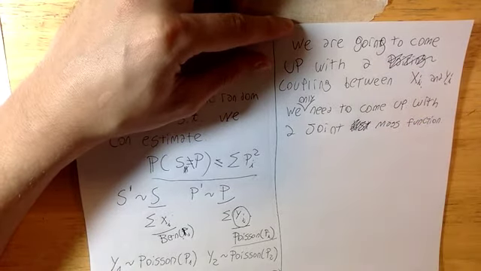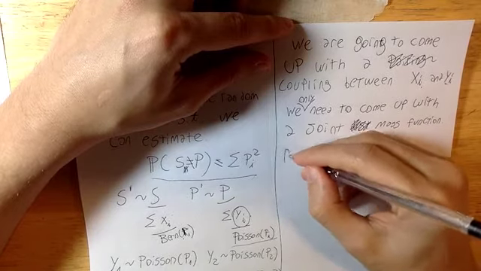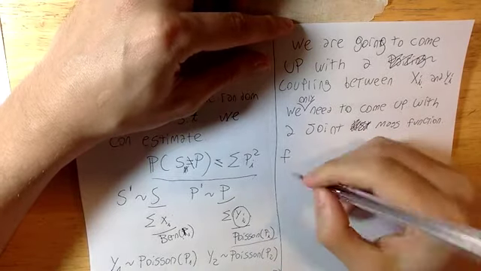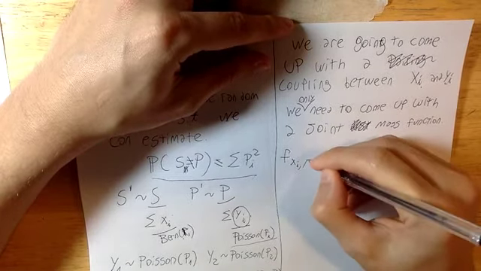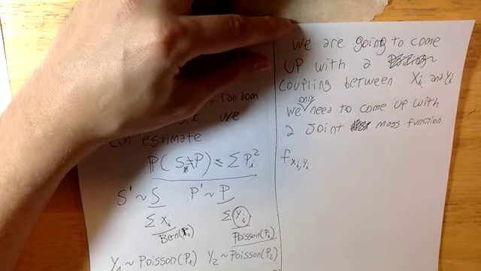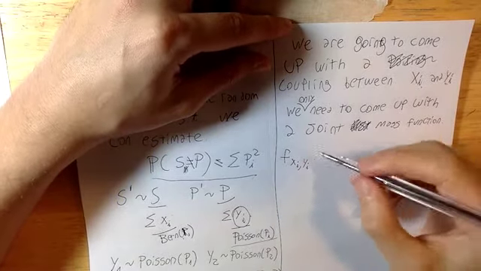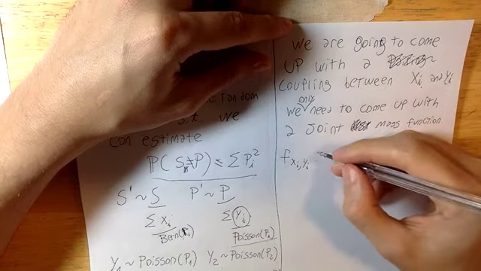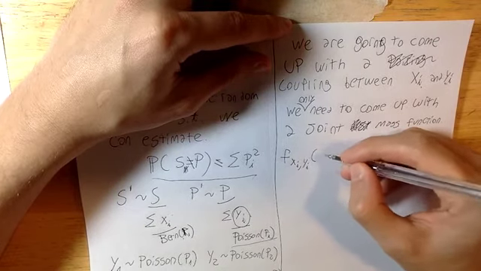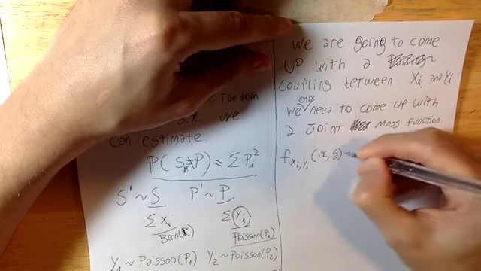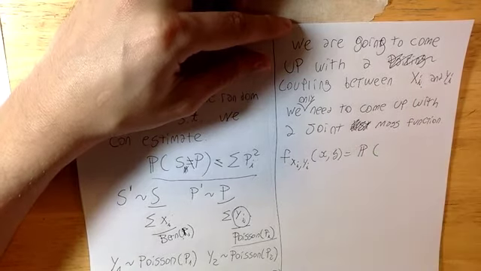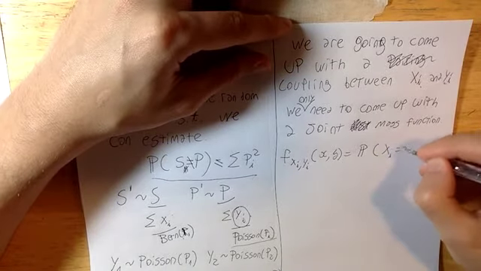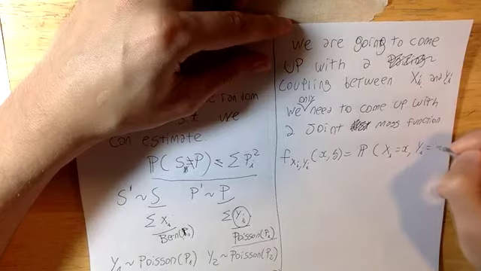Okay, so we are going to come up with f of x_i, y_i. Okay, so f of x_i y_i of little x, little y is going to be the probability that x_i is equal to x and y_i is equal to y.